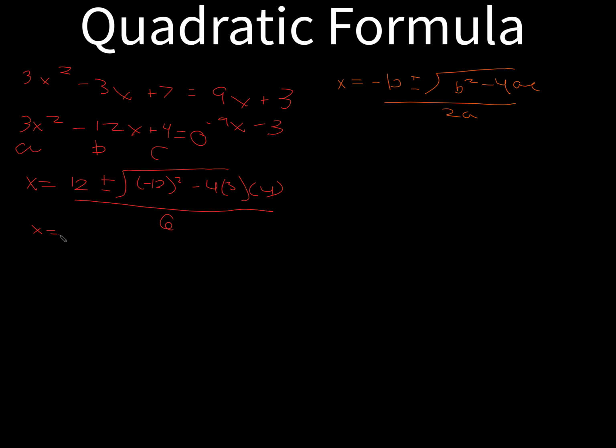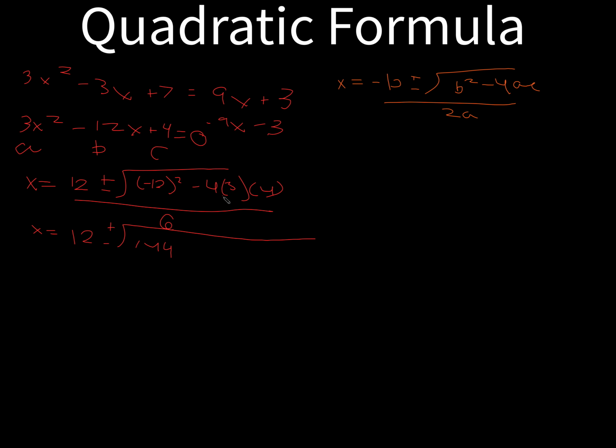Now we're going to carry our x down and continue solving. 12 plus or minus. We're going to square negative 12 here, and since 2 negatives make a positive, it will be 144 positive.